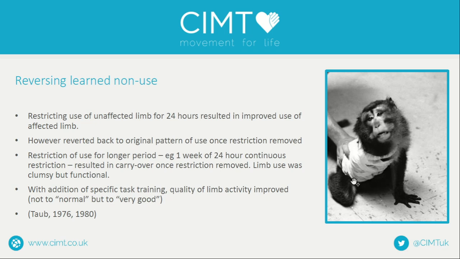When the restriction was given for a long period, for example one week of continuous 24-hour restriction, the monkey started using the limb. The movement was clumsy, but it was functional. And when the affected limb was given task-specific training, the quality of limb activity improved, not to normal but to a very good level.